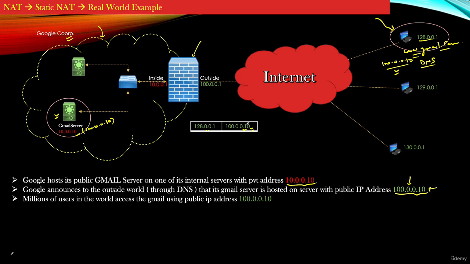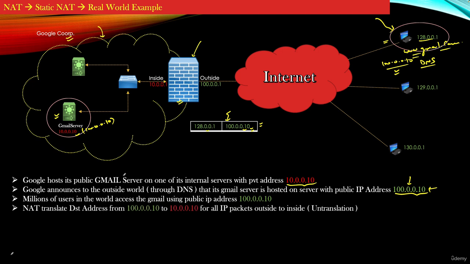So the destination IP address in the IPv4 header of the packet would be 100.0.0.10. This is the packet coming from this user, and this is the snapshot of the packet before it crosses the firewall device of Google.